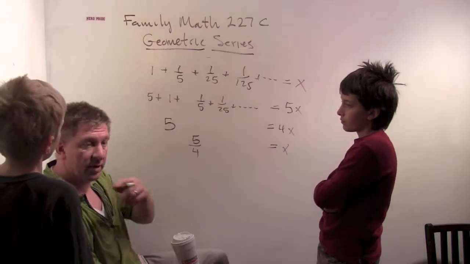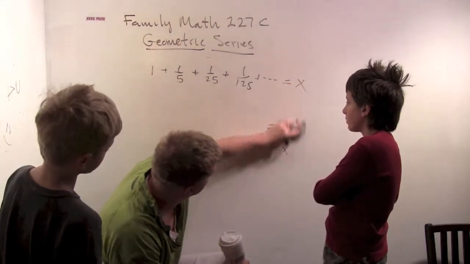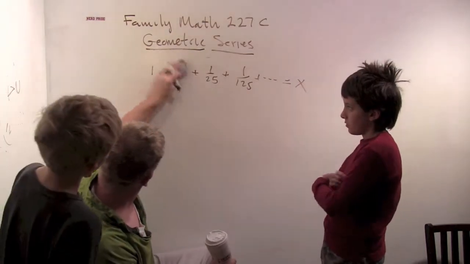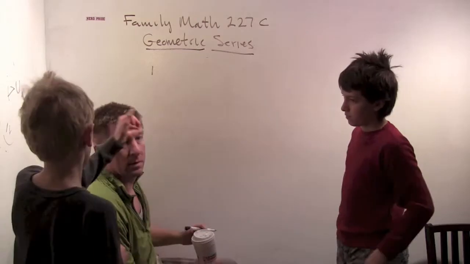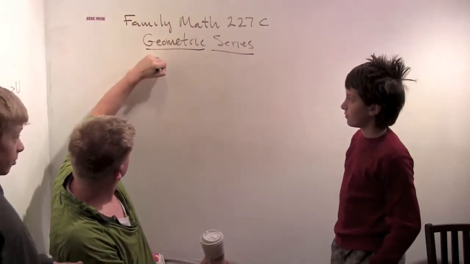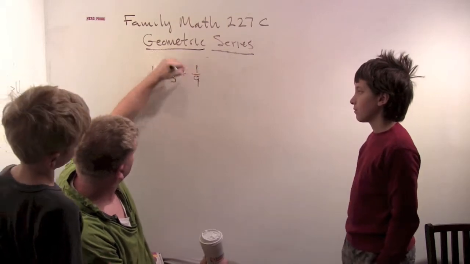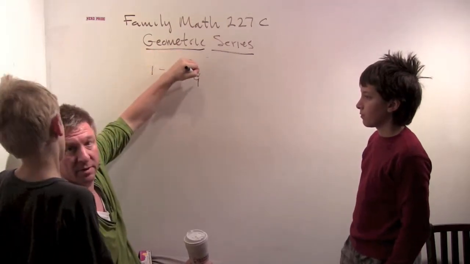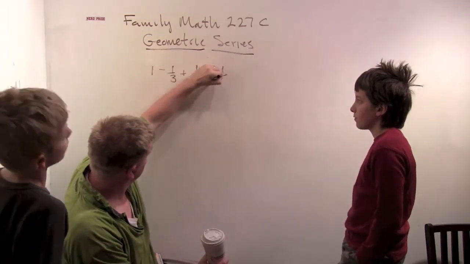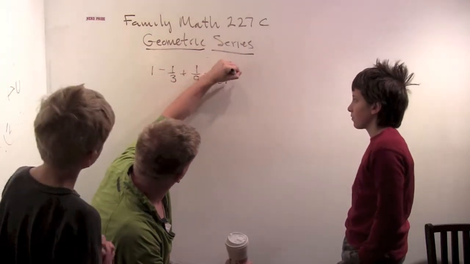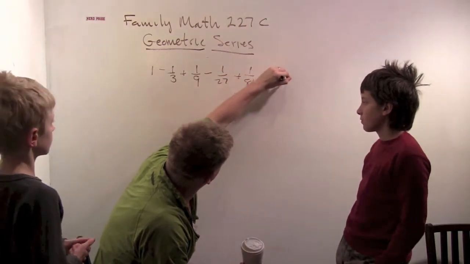Okay, good job. Now, can you pick a series? Maybe pick one that has minuses in it and goes to 0. Maybe I can do the series that we did, 1 minus a third plus 1/9, because remember, you're multiplying by minus 1/3 every time. Then minus 1/27, and so on, plus 1/81 minus, okay, this is x.